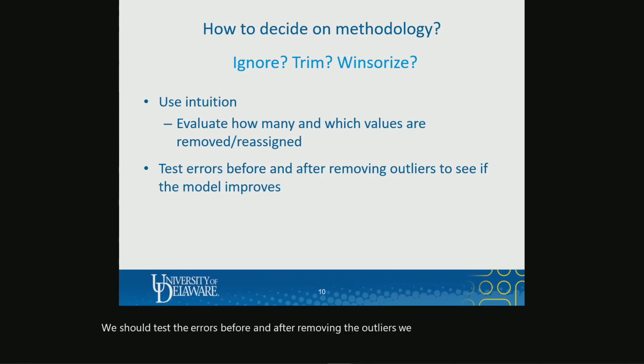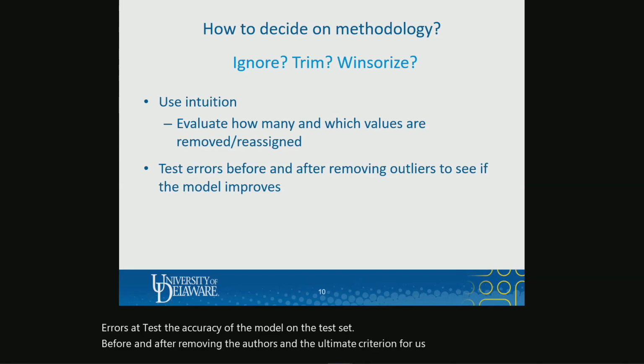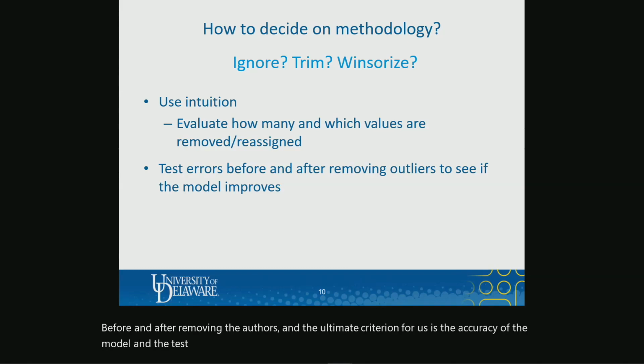We should test the accuracy of the model on the test set before and after removing the outliers. And the ultimate criterion for us is the accuracy of the model on the test set. So if removing the outliers improves the accuracy of the model on the test set, that means it's good. The model became more generalizable.